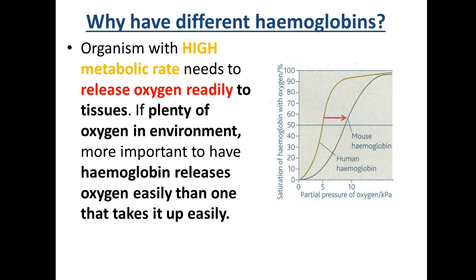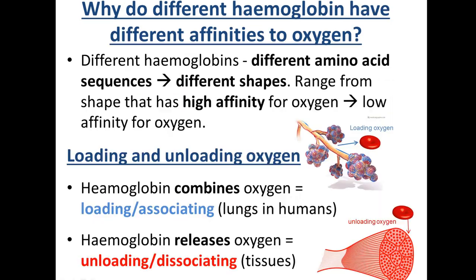It's got a high metabolic rate, so it has a low affinity for oxygen. The haemoglobin has a low affinity for oxygen because then the oxyhemoglobin will dissociate, and the oxygen will be given off to the tissues more readily.